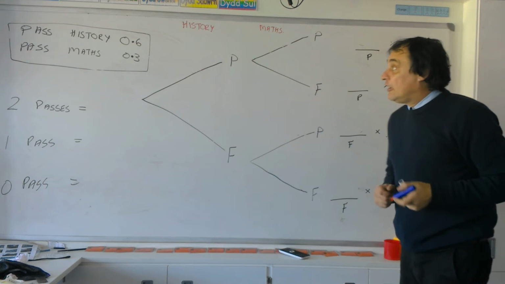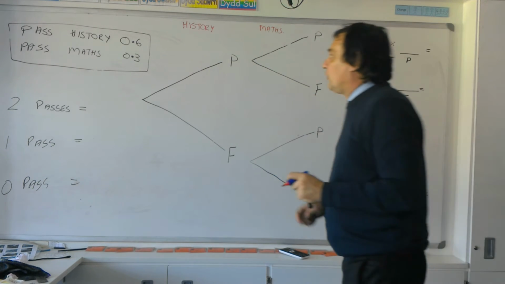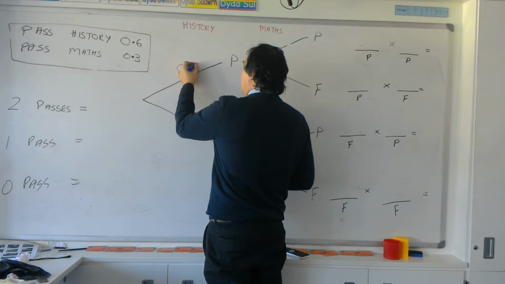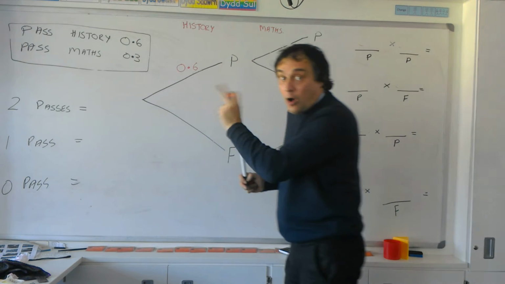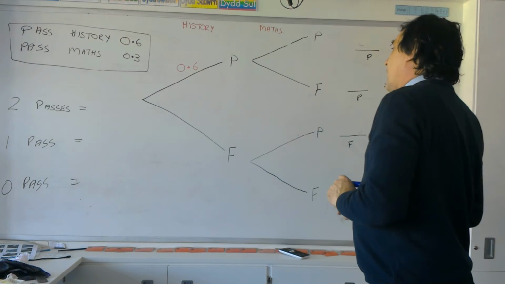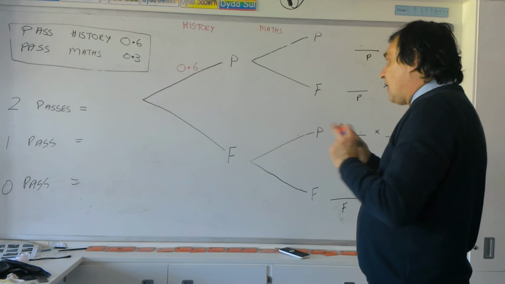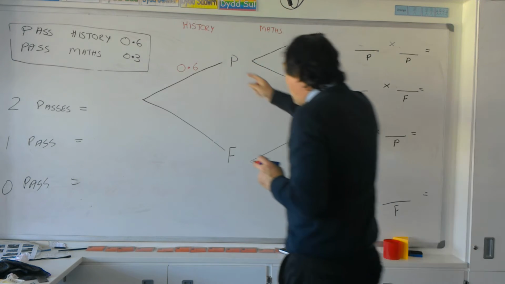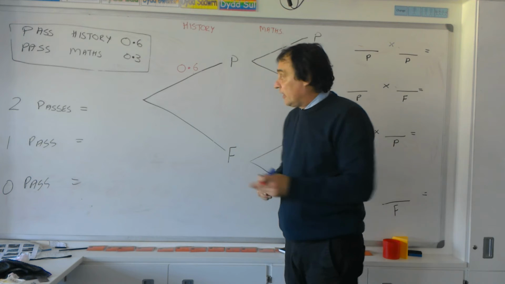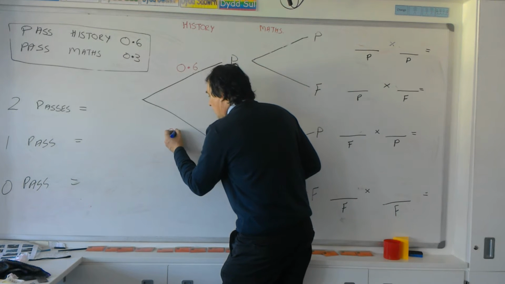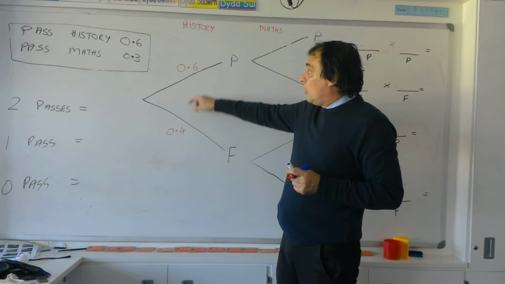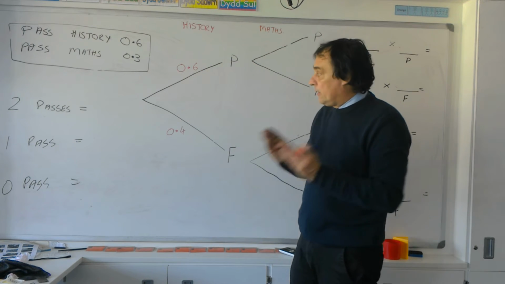So we can start to fill in the tree. The probability of passing the history exam is 0.6, so you put this information here, 0.6, on the pass branch of the tree. Now, the probability of failing the history exam has got to be 0.4, because if passing is 0.6, failing is 0.4, the number you have to add to 0.6 to make the whole one.